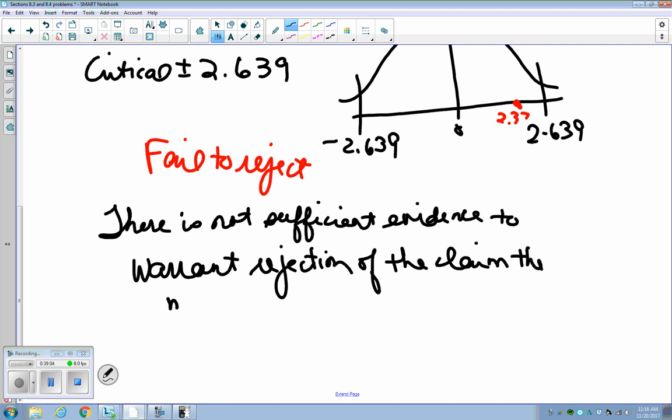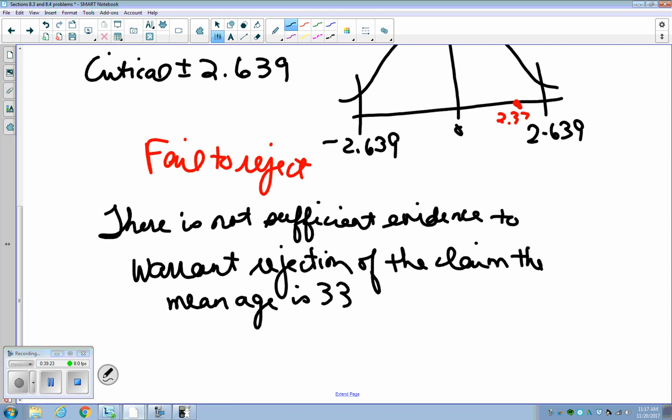The mean age is 33. Okay? Is it making sense? So it's not too bad now that we've put everything together.